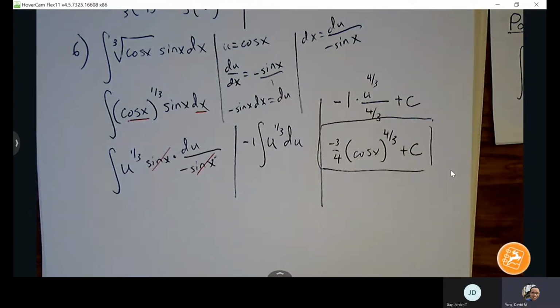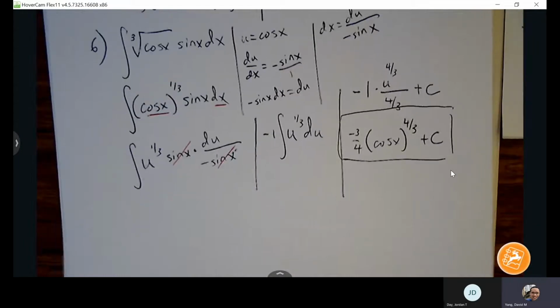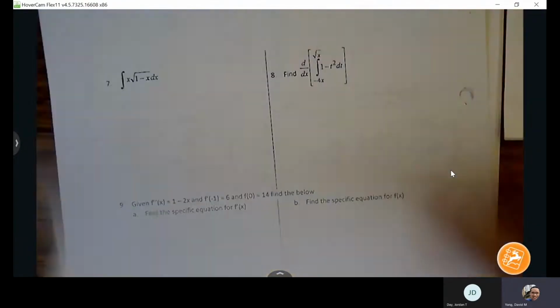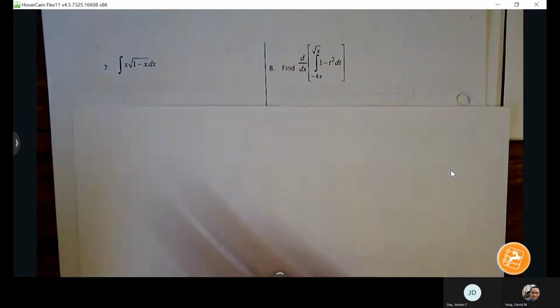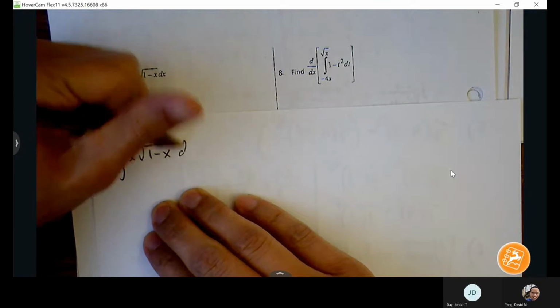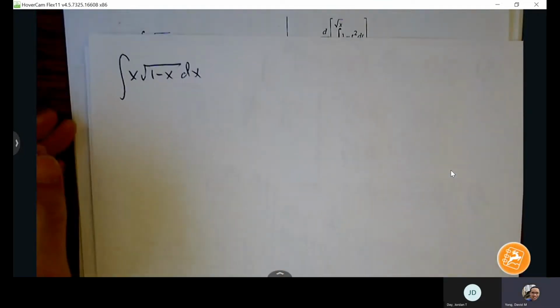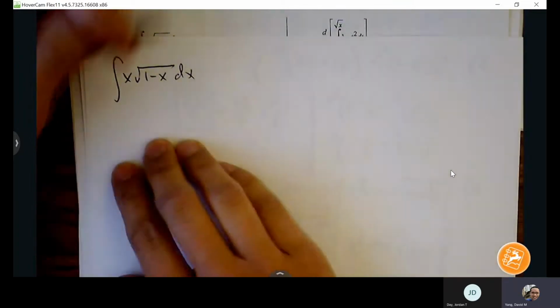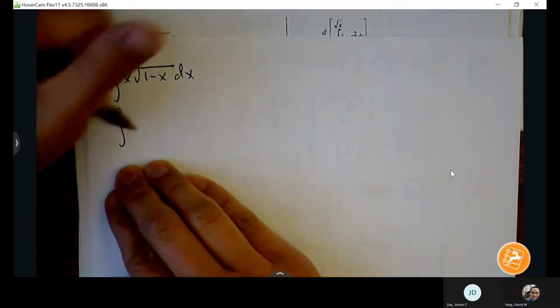Okay, number 7. We look at this problem, we see that we can't distribute, we can't expand, we have to rely on U-substitution.